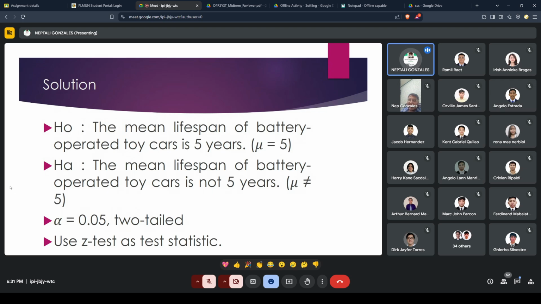And the first statistic that we are going to use, as stated in the formula, is the z-test as the test statistic.